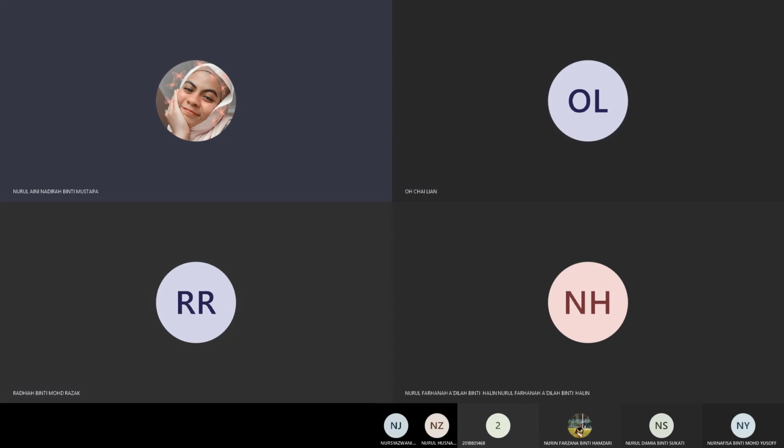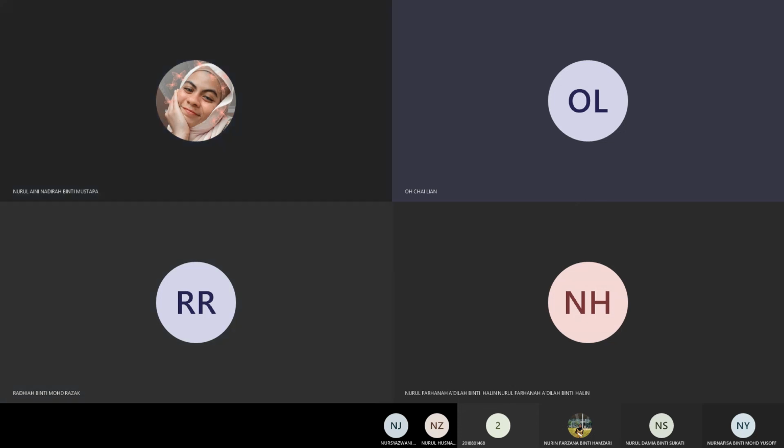Lepas tu, madam, pasal arrow tu, kita dah dapatkan force dia. Saya a bit confused, force untuk length tu negative 108.35 kan madam. Kita nak tahu dia compression negatif ataupun tension.